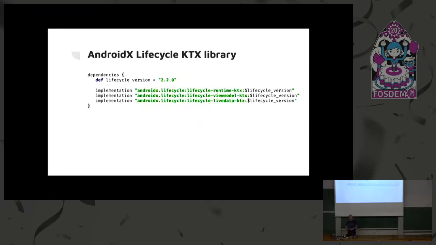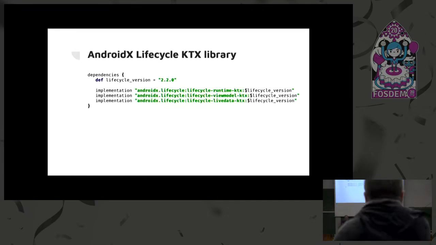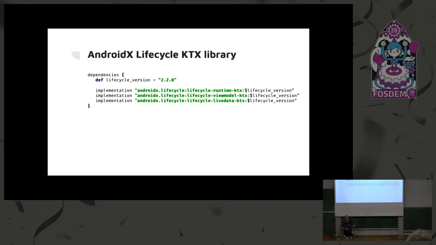So what we do, we add these dependencies: the lifecycle runtime KTX, view model KTX, and live data KTX. It's important that you add the KTX to them, otherwise you're not getting the coroutine stuff. You will just get the standard stuff that doesn't have to do with Kotlin per se.